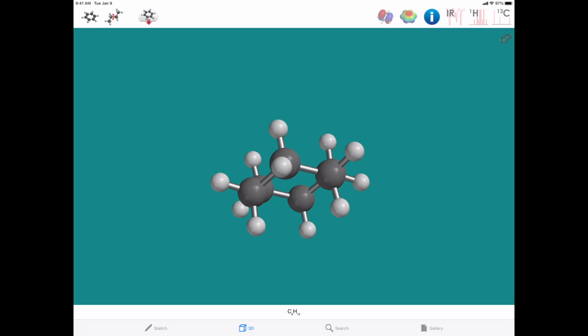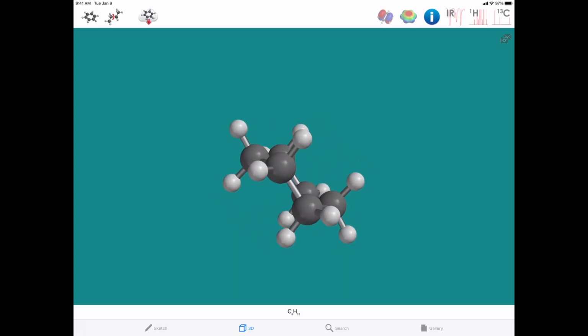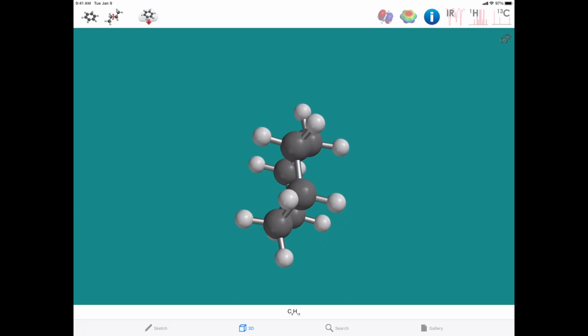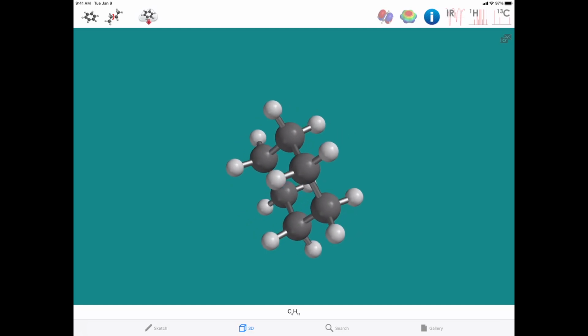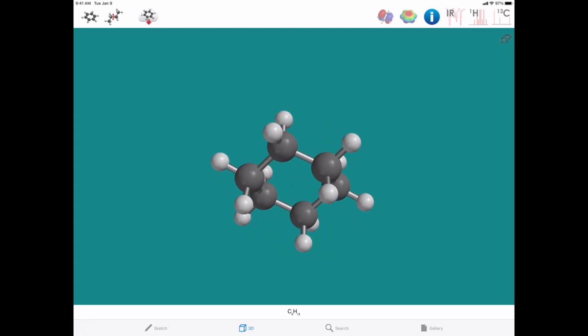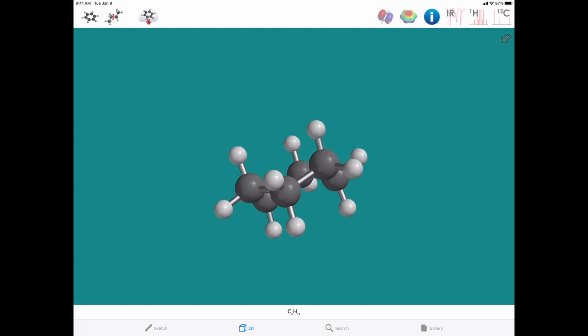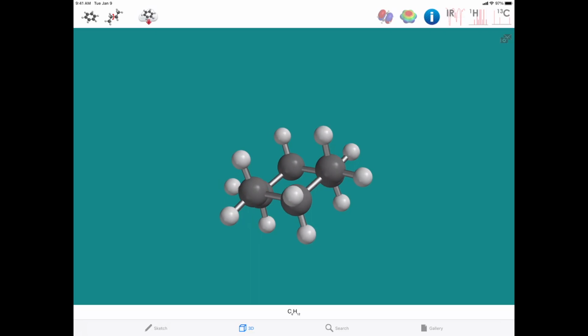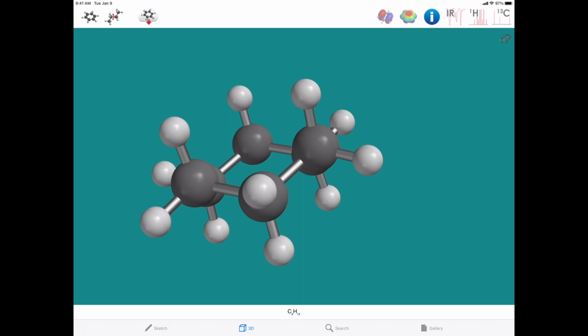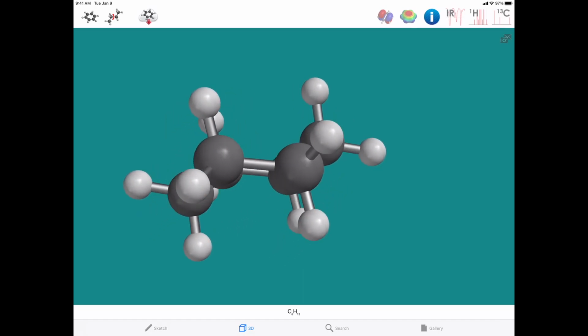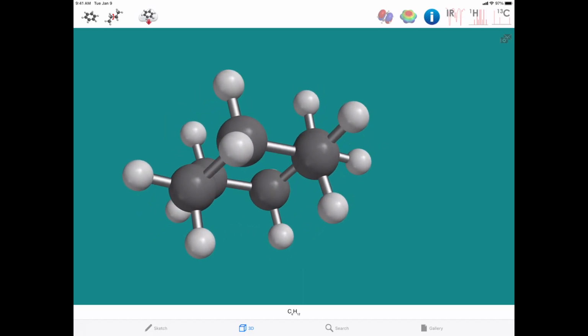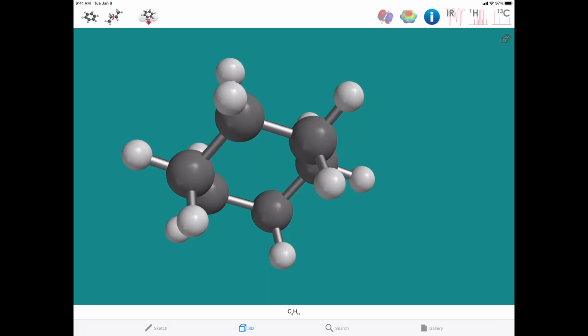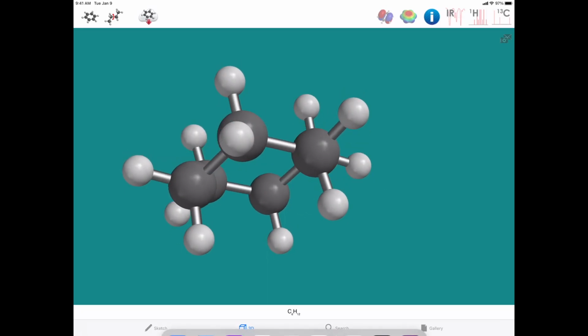And this is true, unlike the five-membered ring, all the way around. So I'm just going to slowly rotate and give you the Newman projection for each of these carbons. And as I do that, I want you to convince yourself that we've got staggered conformations about all of the carbon-carbon bonds.